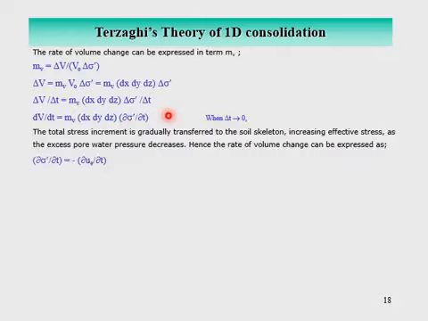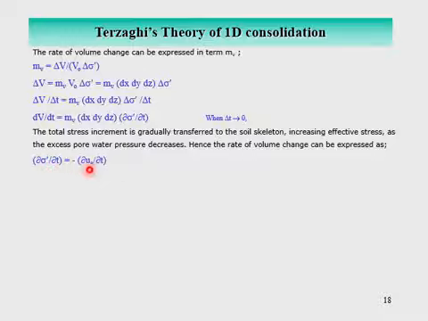We know that as the effective stress increases with time, excess pore water pressure decreases with time. So we can write that curly sigma prime over curly t is equal to curly u_e over curly t.